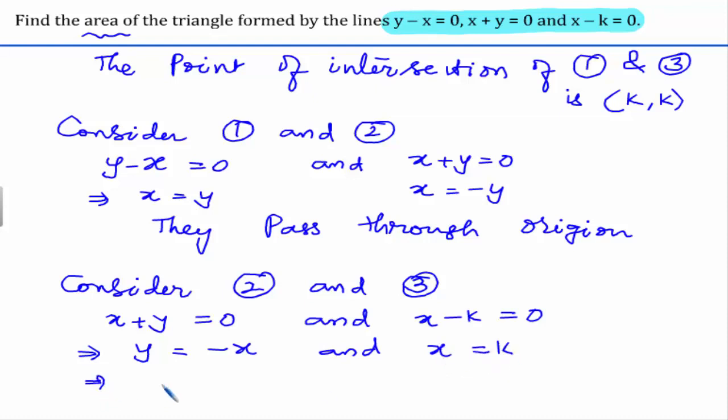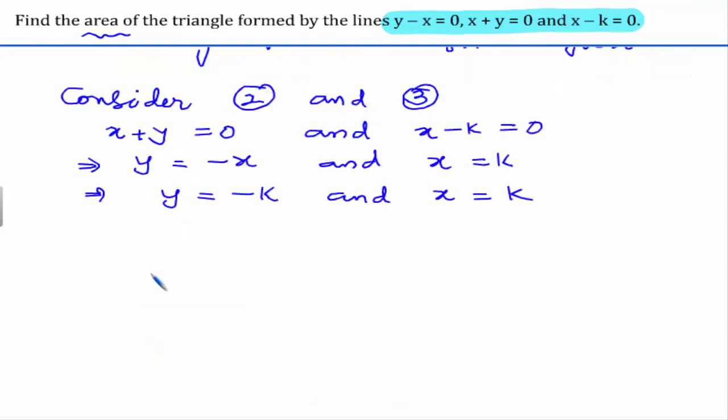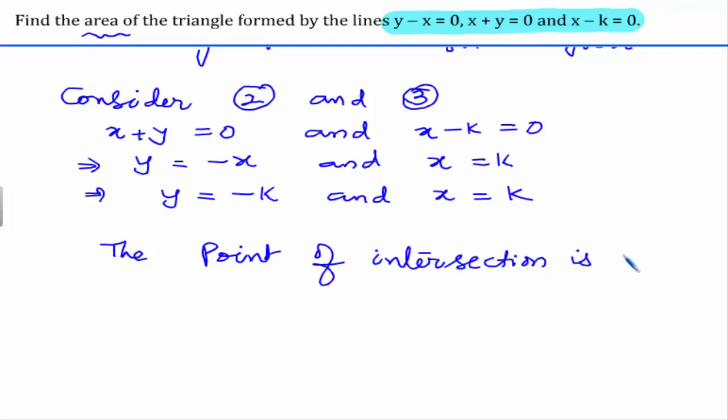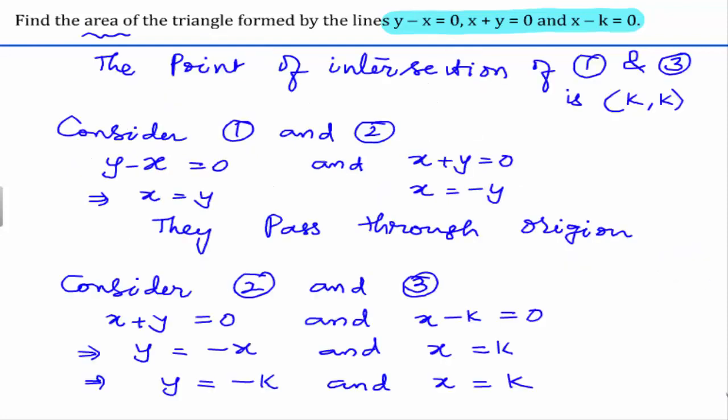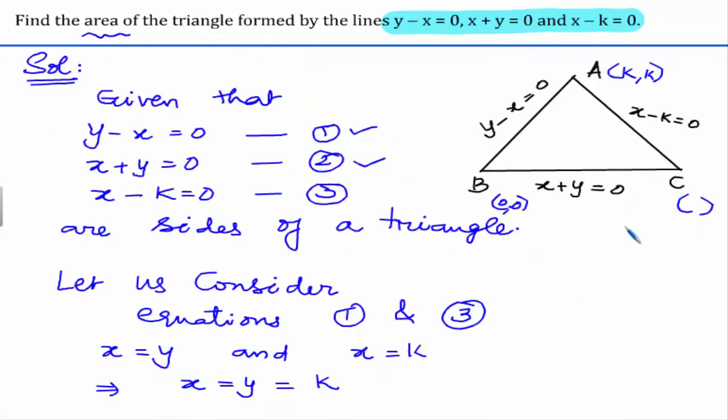So that implies y is equal to minus k and x is equal to k. So the point of intersection will be k comma minus k. If you look at the figure, C is k comma minus k.